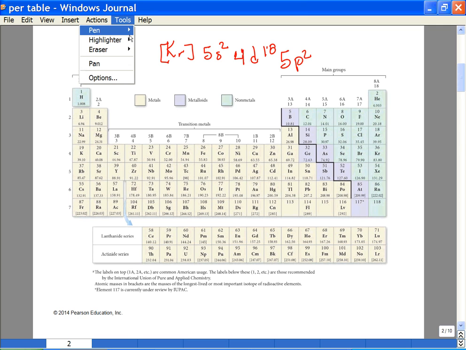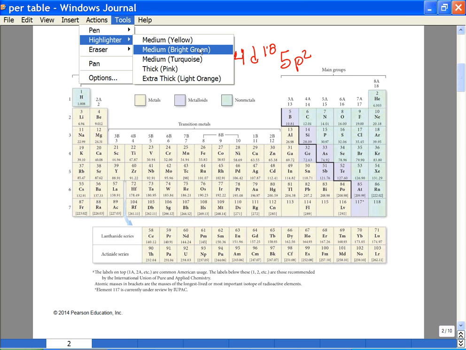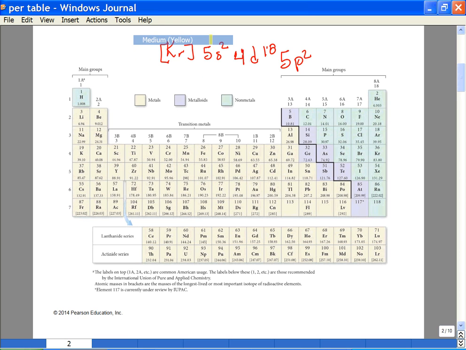All right, so once again, starting with the Krypton core, we start here, and then we know we go to the next row here. We know from the configuration that 5s is filled with 2 electrons.